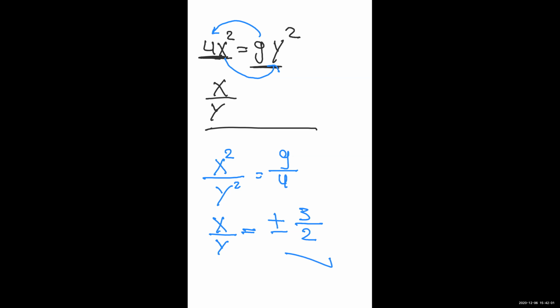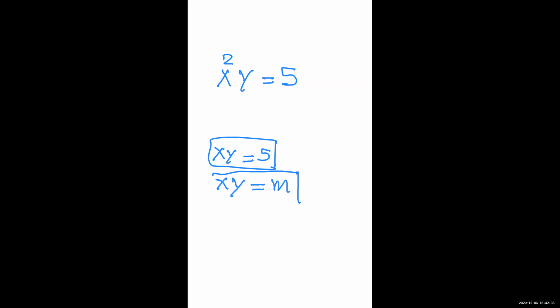Okay. The second question: if x squared y equals 5, then does y vary with x, or with x squared, or vary inversely with x, or inversely with x squared? Guys, it's in the form of xy equals m, right?